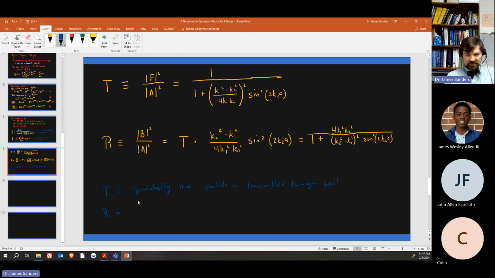R represents the probability that the same particle is reflected from the well.